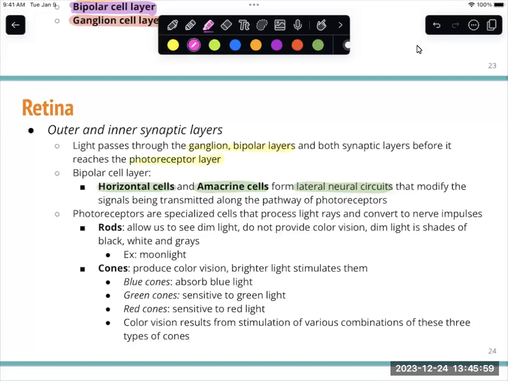But we've got two different types of photoreceptors in our eye. Rods. Rods are used for dim light. They do not have any color vision.